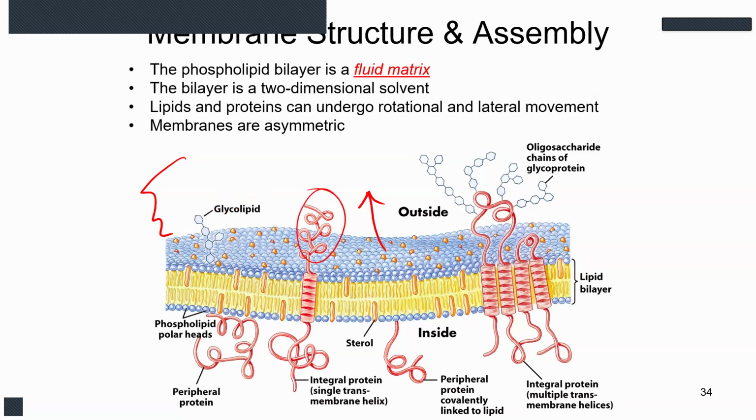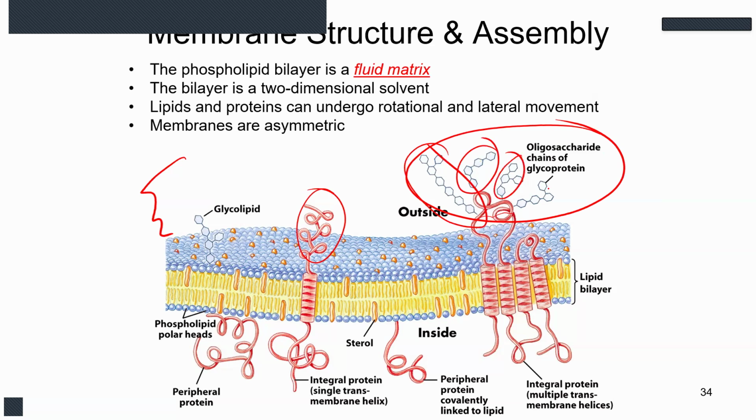There are some proteins that have regions that are on the outside of the cell. Then there are other proteins, these right here, known as glycoproteins. These other proteins are, well, you've got a polypeptide chain, but then you've got all these sugars branching off of them.